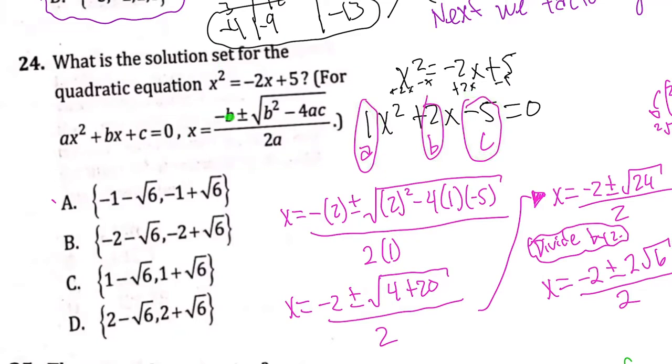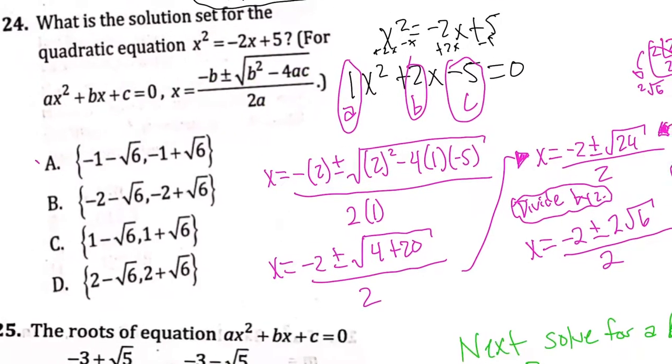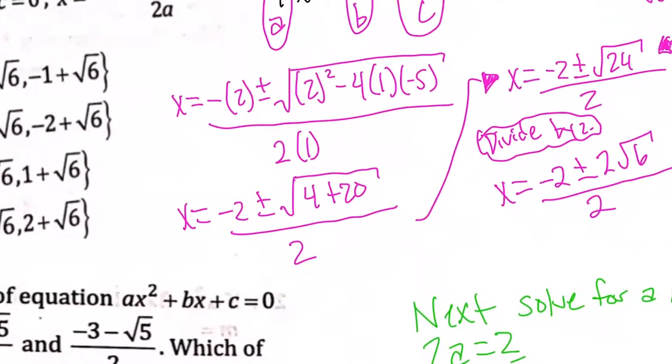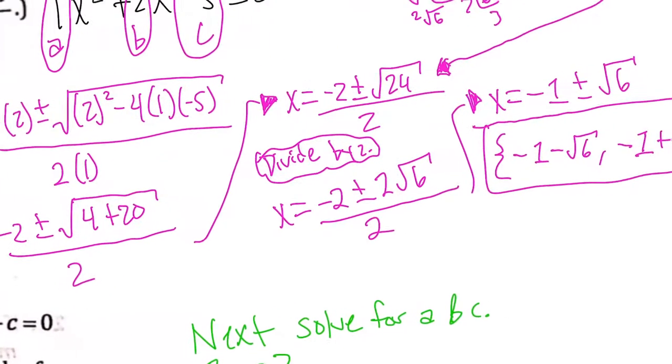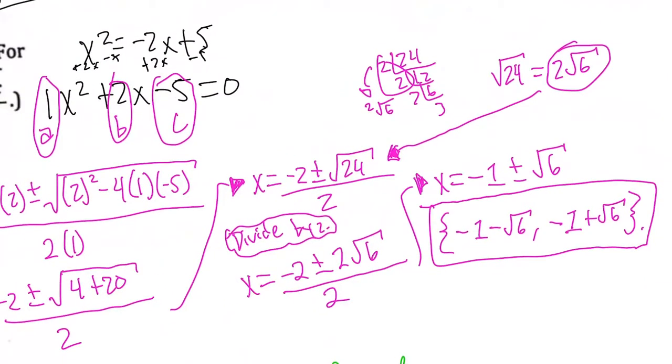So I have to plug them into the quadratic formula, and then I just solve and simplify. Here I plug it in, and it simplifies to -2 plus or minus the square root of 4 plus 20, all over 2. Now I get some extra work here. The square root of 24, I do upside down division, and it leaves me with 2 square root of 6. So the square root of 24 is equal to 2 square root of 6. I plug it in here, which I divide by 2.